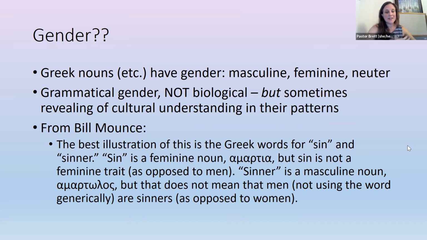But other biblical scholars would say that doesn't matter. That's not a relevant piece of information. But we notice these trends, and they can be interesting or relevant or revelatory.